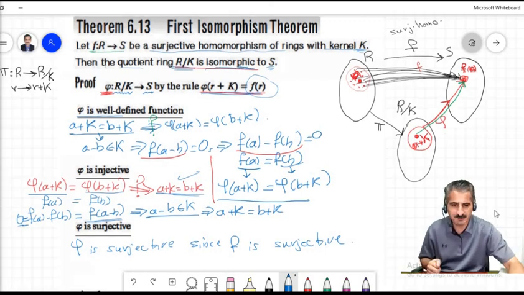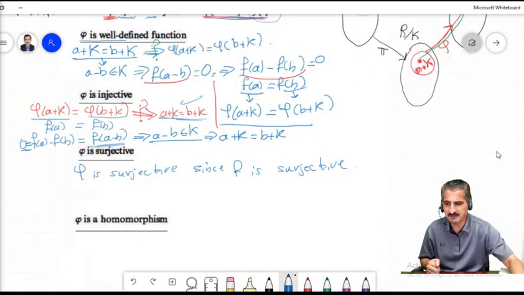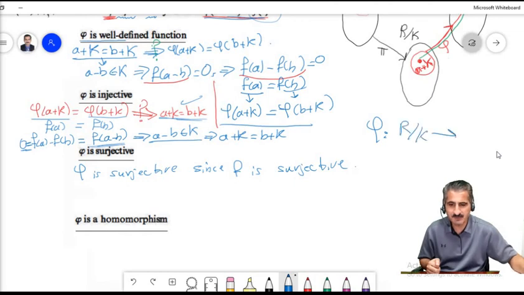Let me write it in detail. Remember phi goes from R over K to S. To be surjective, every element in S must have a pre-image.